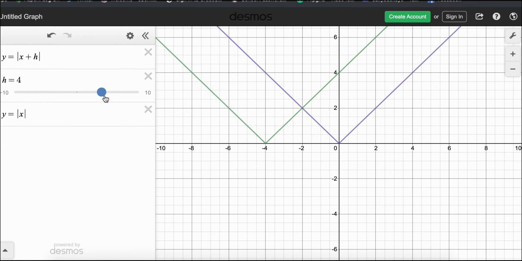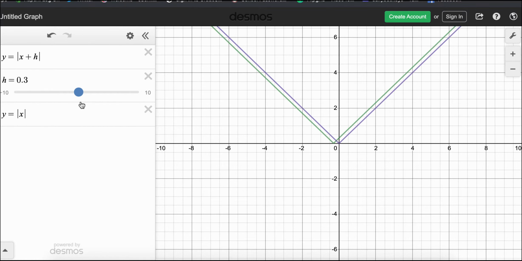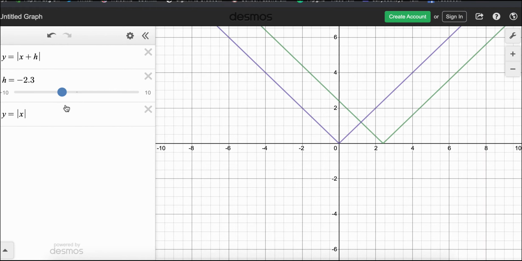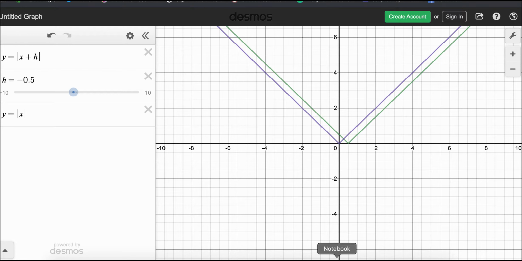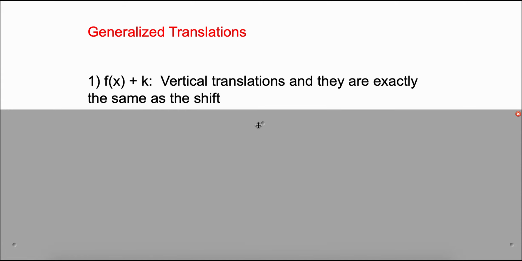It's going to the left. The more and more I add, it goes to the left. Now I'm adding a negative number, and it's going to the right. It does the opposite on the inside of what I would generally expect to happen. That's pretty crazy, right? So let's talk about some generalized translations.